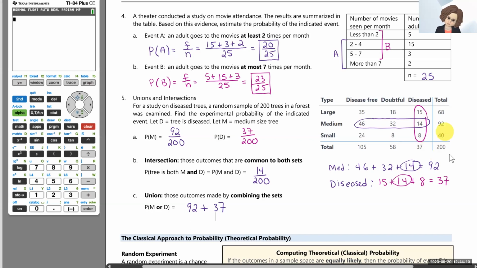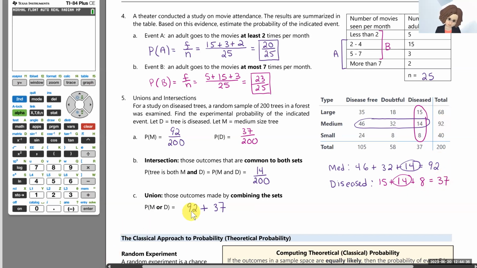But if I do add those two values, 92 and 37, both of those values include those 14 trees. So if we add 92 and 37, the 14 trees are counted twice. We call it double counting. So we don't want to count these trees two different times. So what we do is we take the total, the 92, plus the total 37.